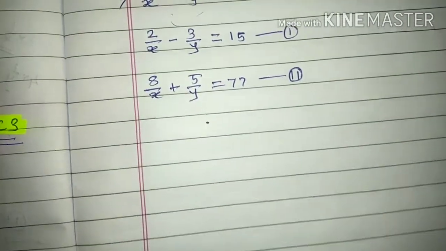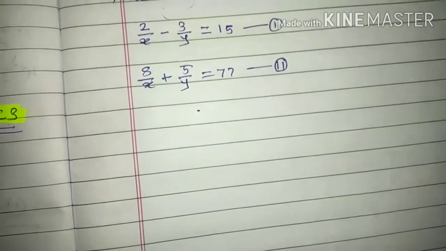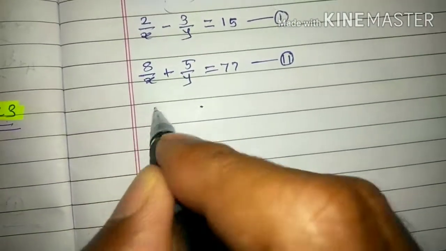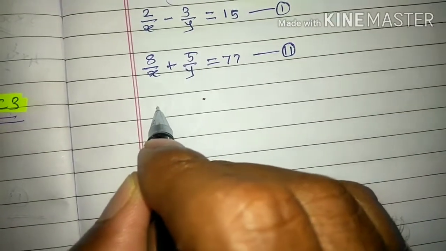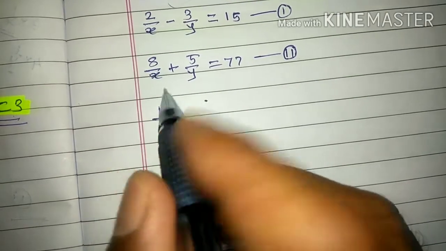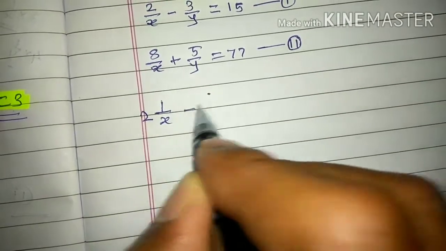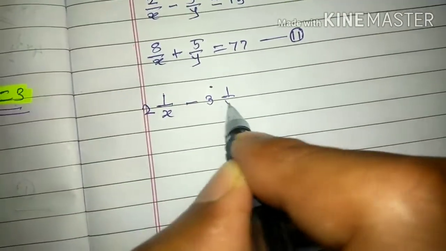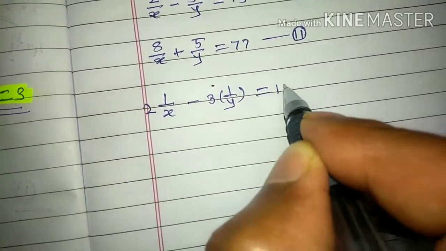Then substitute here. In equation 1, from equation 1: 2 into 1 upon x minus 3 into 1 upon y is equal to 15.